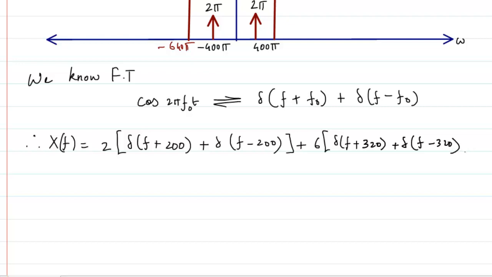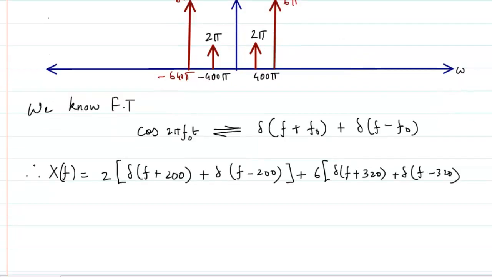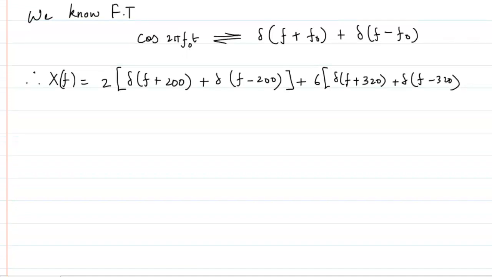Either I do that, or I directly look here and divide the axis by 2 pi and the amplitude by pi. I have to take care that the amplitude is also divided, so 2 pi becomes 2 pi divided by pi, which becomes 2, and 6 pi becomes 6. So these two things I have to take care of.